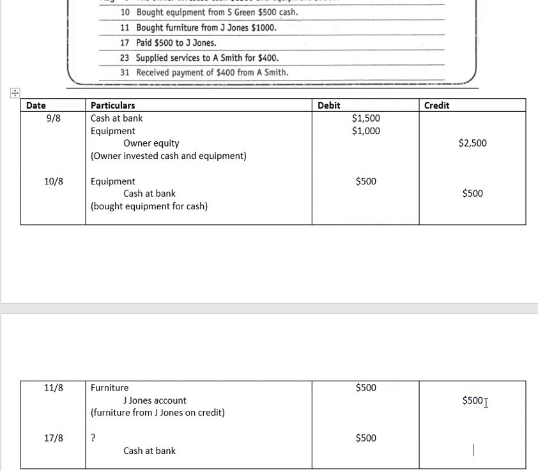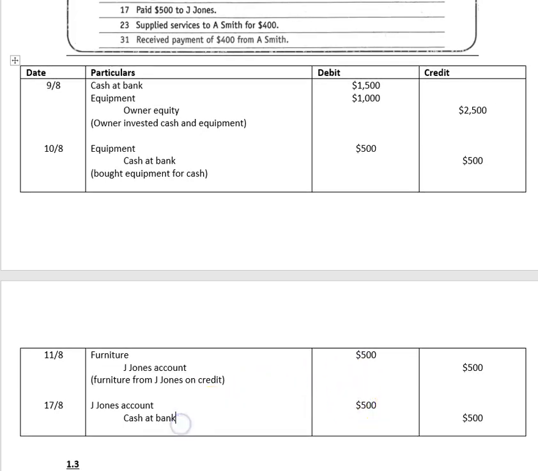Now, when we originally bought this furniture, we made J. Jones an account. Okay, we're now going to pay that off. So a debit here and a credit here will cancel out, and we'll end up not owing J. Jones anything. So pay J. Jones account.